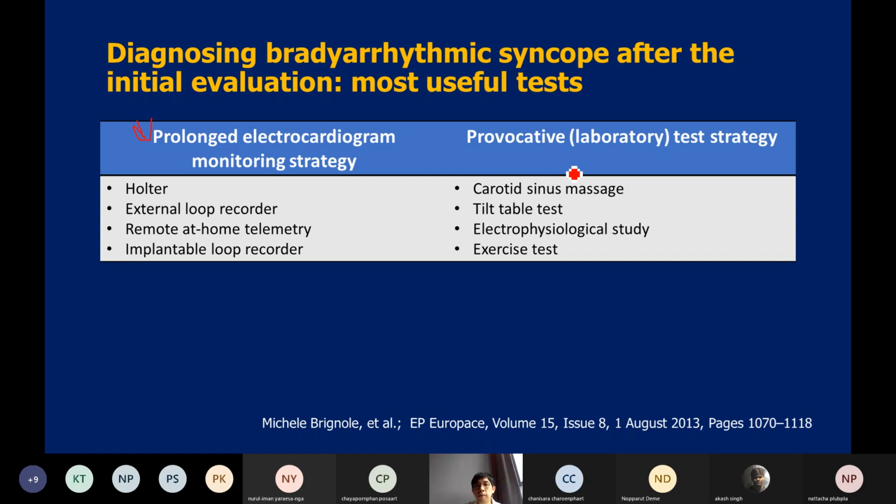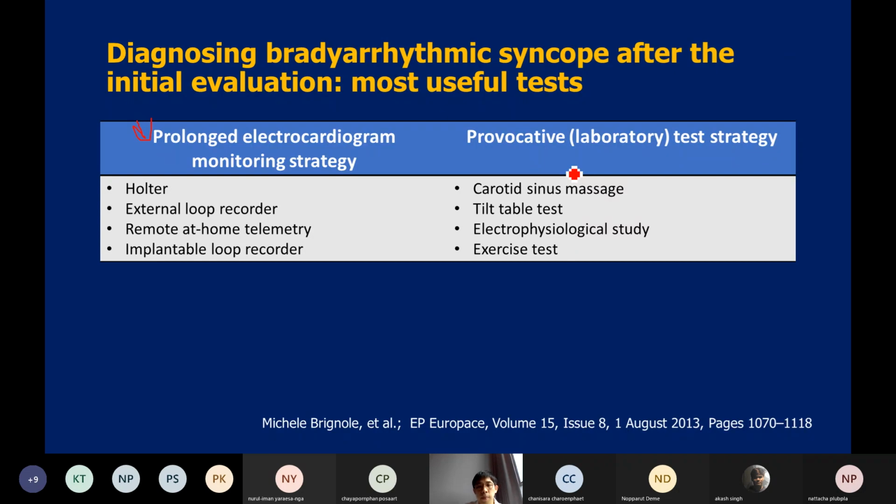The most common provocative tests that we do are the tilt table test and the exercise stress test, which are non-invasive tests.